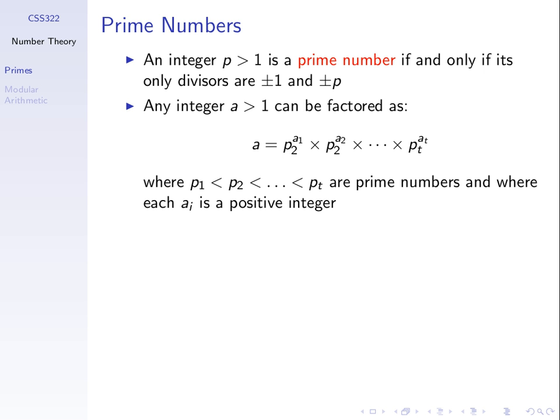For example, using this notation here, the prime factorization of 3,600 is 2 to the power of 4, where 2 is a prime number, times 3 squared times 5 squared. That is, 2, 3 and 5 are the prime factors of 3,600.